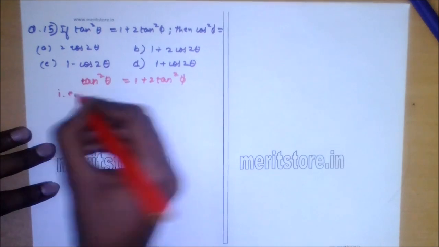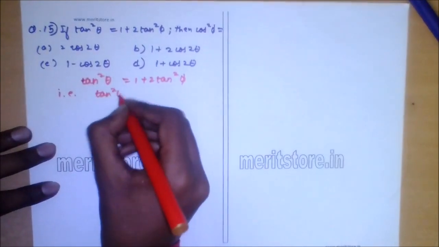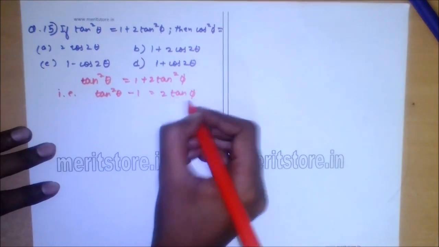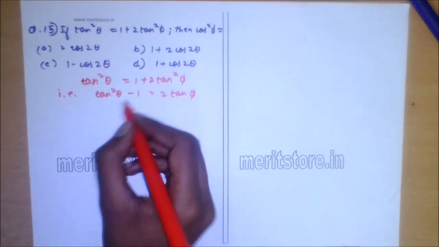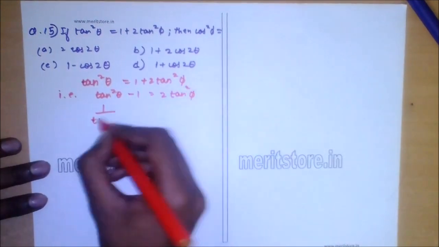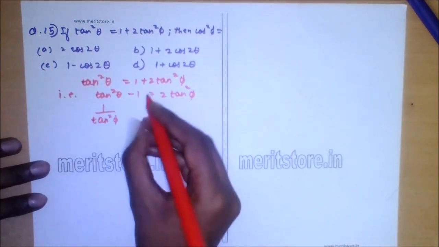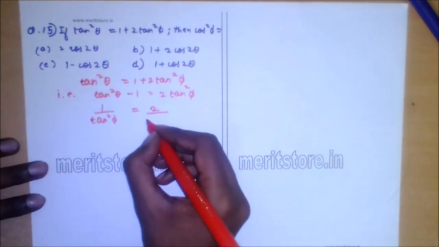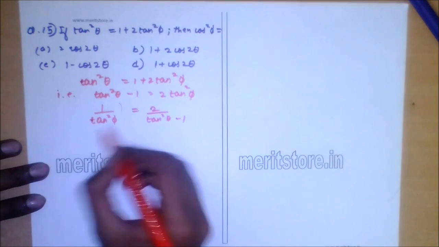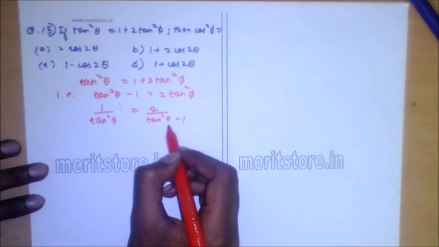We rearrange the terms. This is tan square theta minus 1 equals 2 tan square phi. That is, 1 upon tan square phi is equal to 2 upon tan square theta minus 1. We have separated the phi and separated the theta.